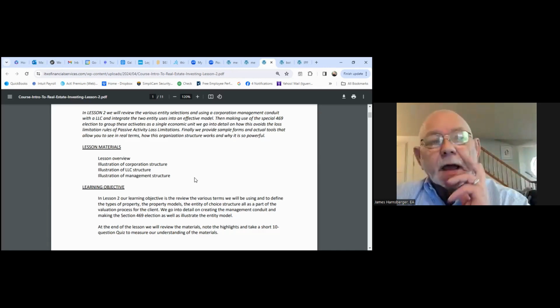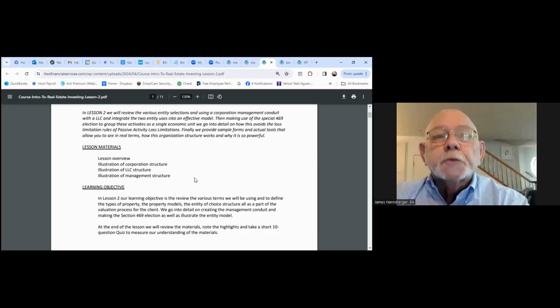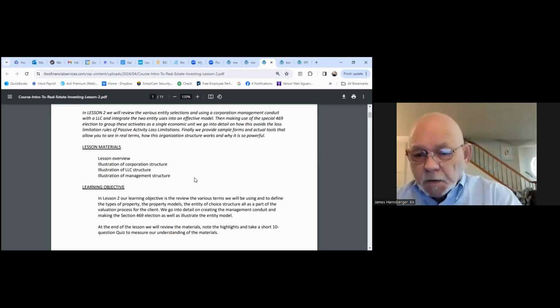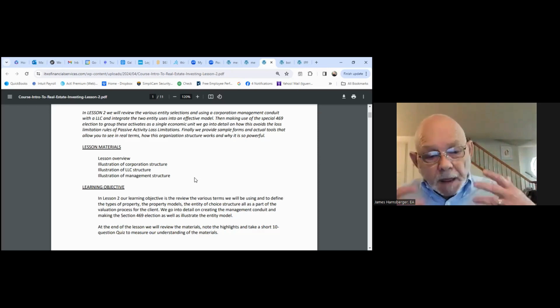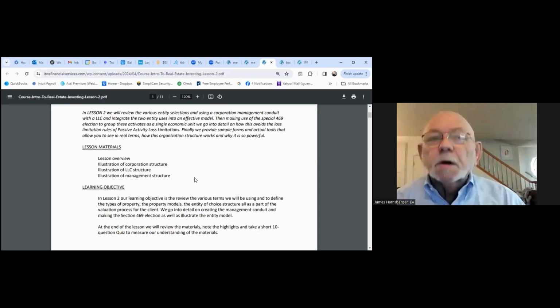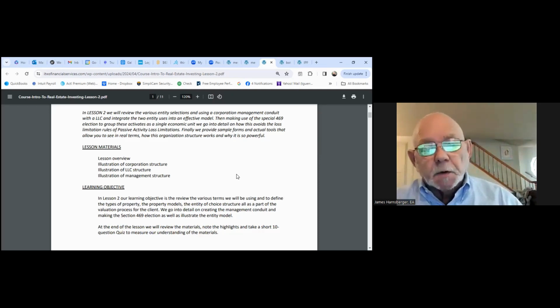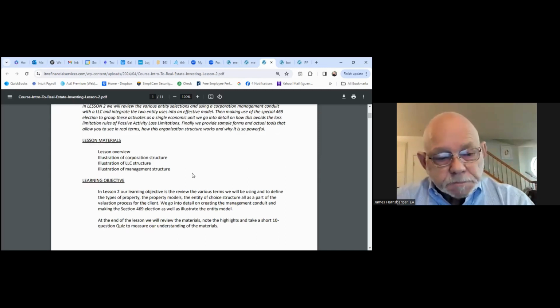There's a lot of tax court decisions with the taxpayer winning and a few of the taxpayers losing. And we know why they lose, because they don't do a few things that I'll be talking about that give us the opportunity to meet those tests. That management structure gives you an important opportunity to maximize the financial and tax attributes of your real estate investing.